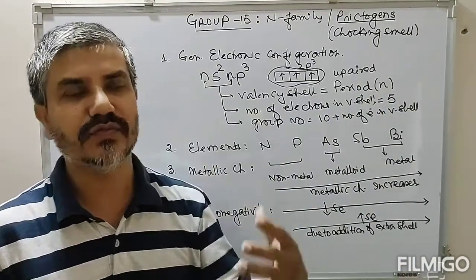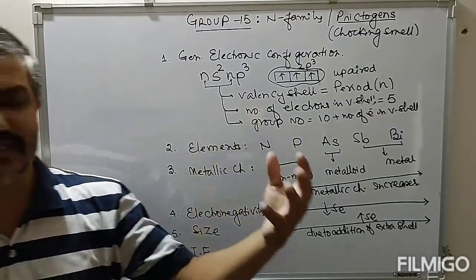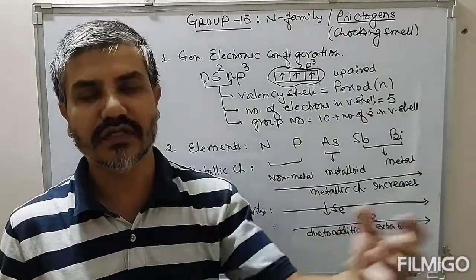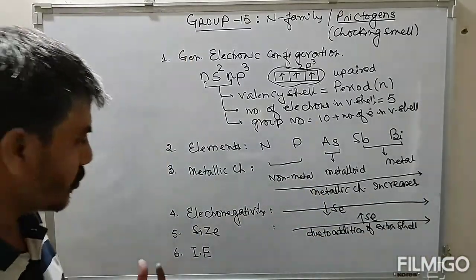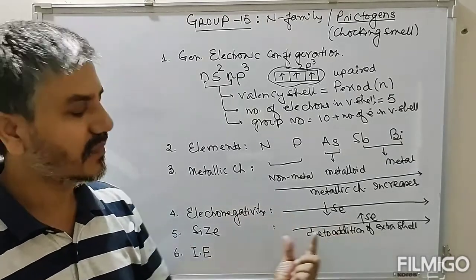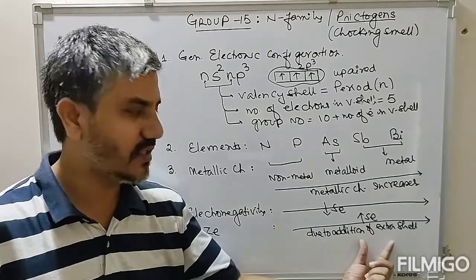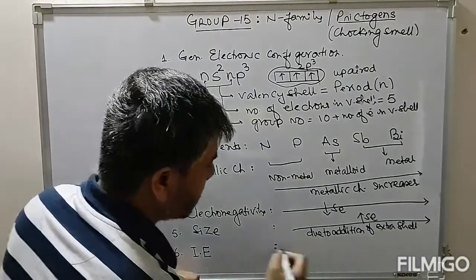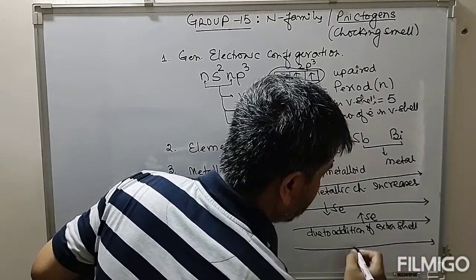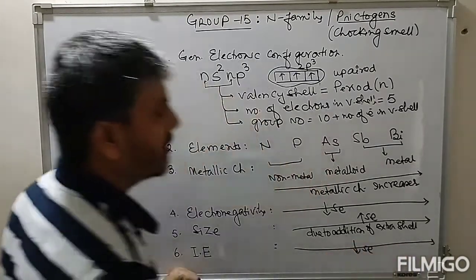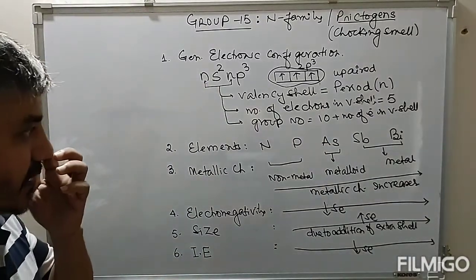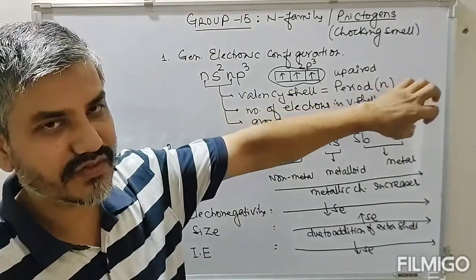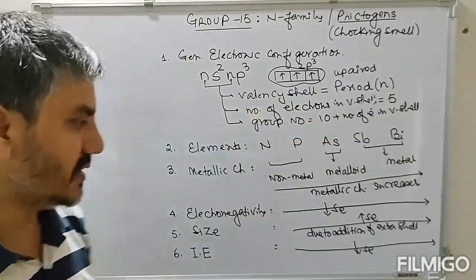As the attractive force decreases, the energy required to remove this electron keeps on decreasing. As a result, the ionization energy decreases down the group. So the element having the highest ionization energy is nitrogen, and the one having the least value of ionization energy will be bismuth.